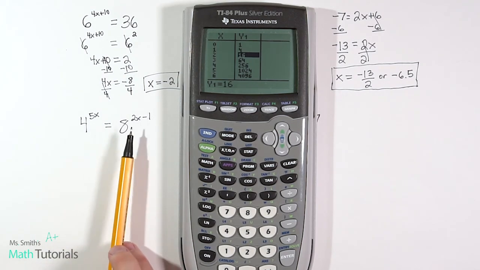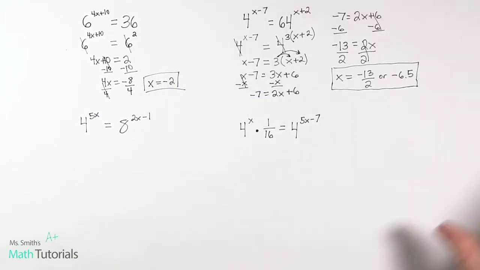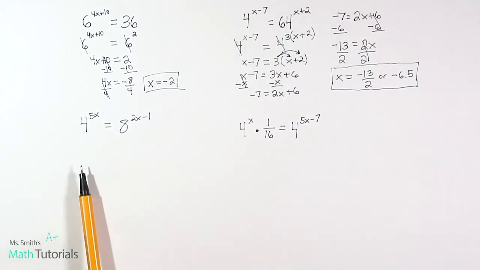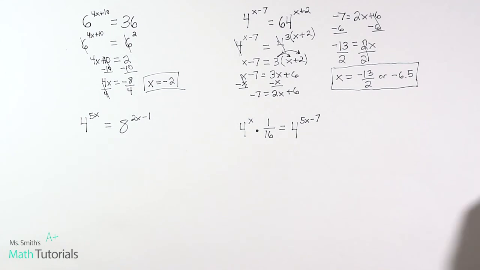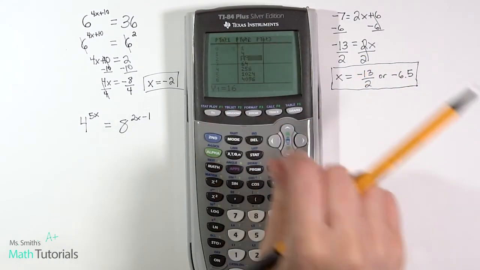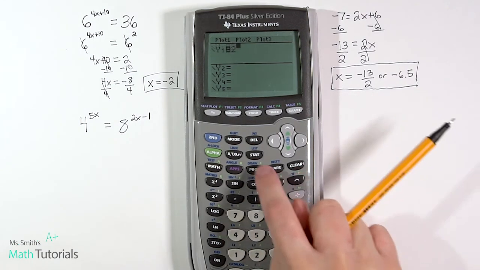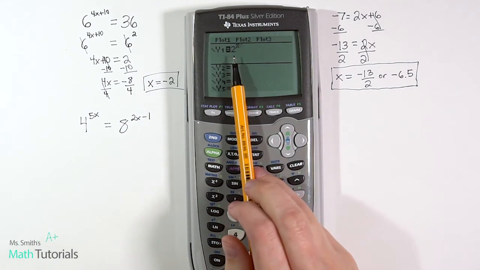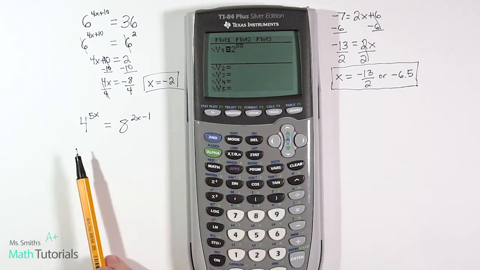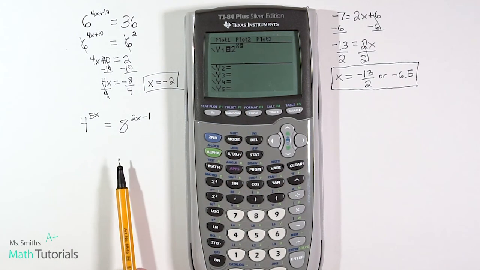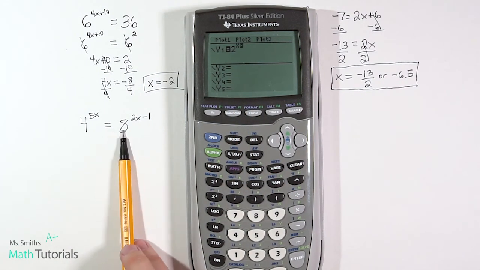I need to figure out what I can make the base of 4 into. Hopefully you're thinking the only thing that's going to go into 4, other than 1, is going to be 2. So I bring my calculator out and do y equals 2 to the power of x. Right now I'm testing a base of 2. Would 2 work to give me 4? And would 2 work to give me 8?